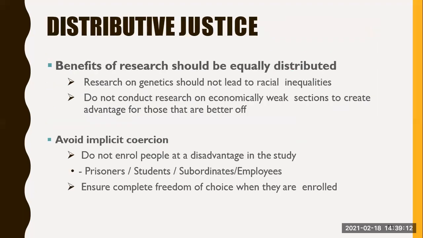Then distributive justice. So benefits of research should be equally distributed. No discrimination should be done whenever the benefits of the study are proved. Okay, so this is not always seen. You can see many of the medications which are developed are first of all introduced into the United States of America, and many of those medications don't even see the light of day in India.